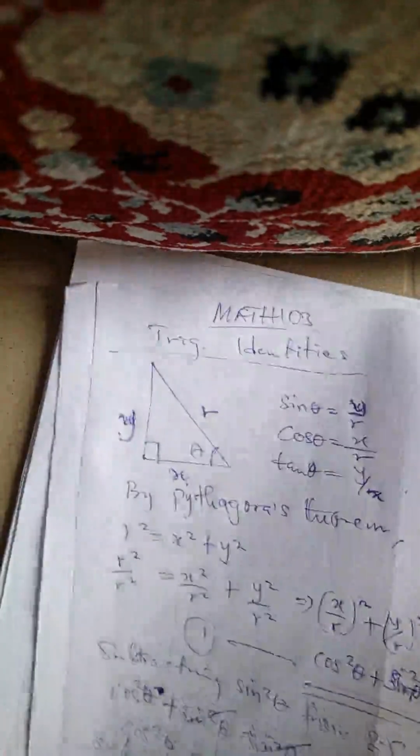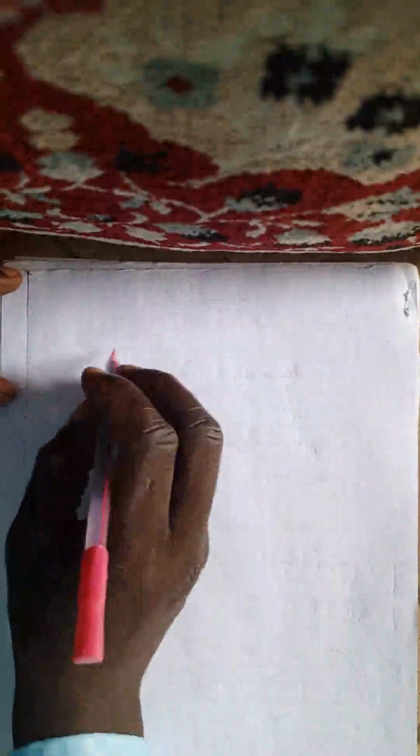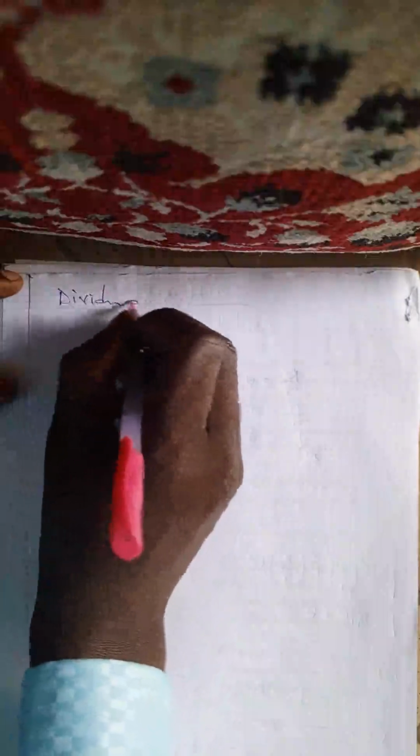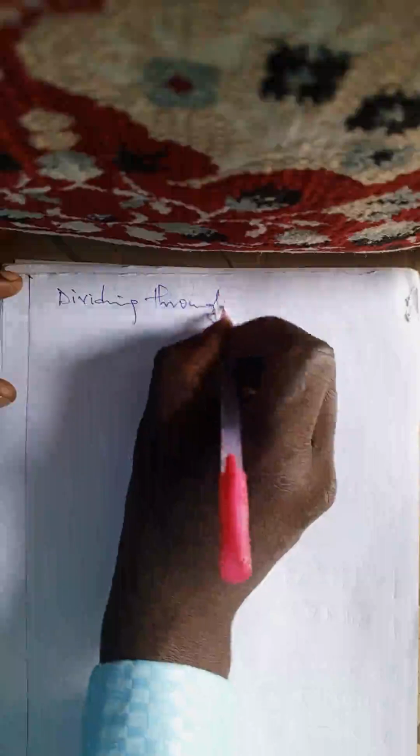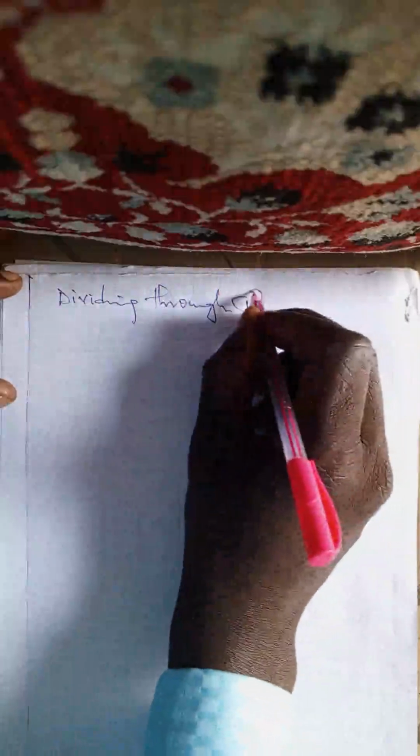And then we continue like that. So therefore, now similarly, dividing through equation 1, the Pythagorean identity, by sine squared theta.